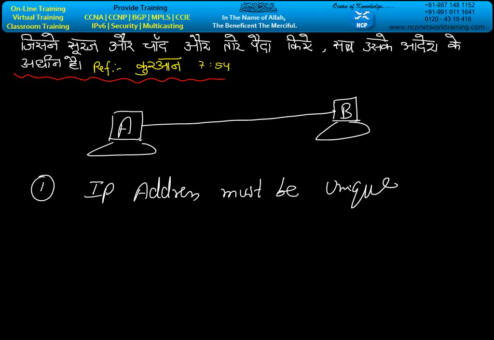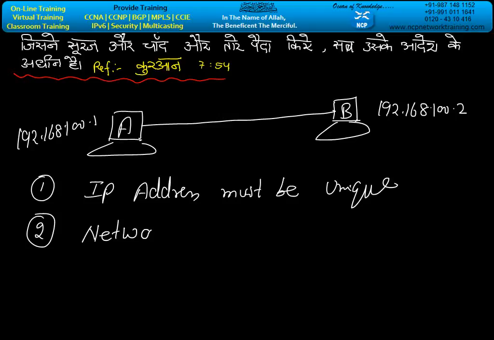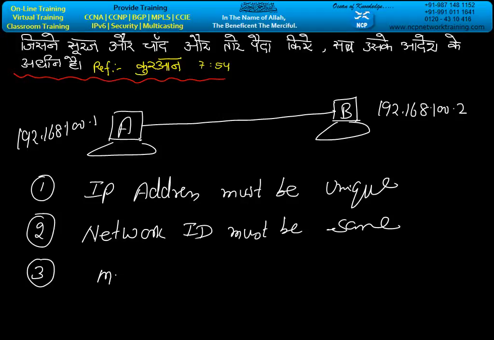Both machines require an IP address but unique, 192.168.100.1 and let's say 192.168.100.2. The first component required is IP address must be unique. Second parameter, network ID must be the same. And the third component required, MAC address must be unique.